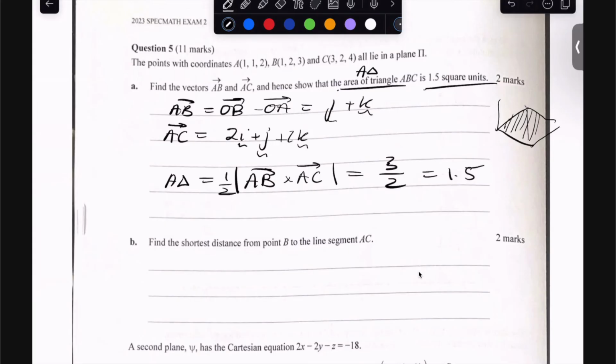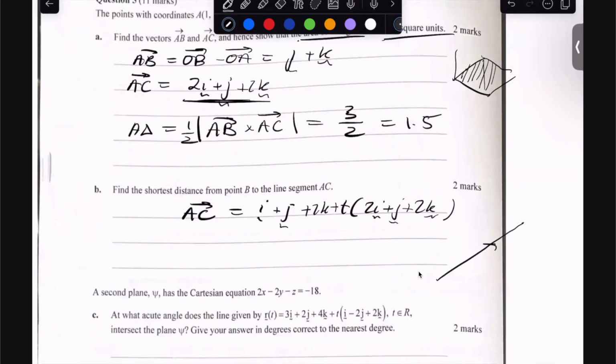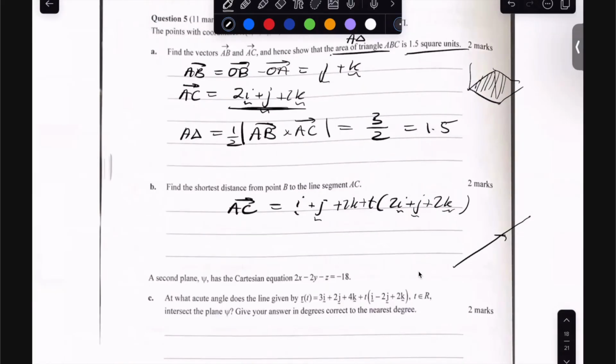Nice. Find the shortest distance from the point B to the line segment AC. So AC, we found that that's the direction vector, so you can say t times 2i plus j plus 2k, and it contains the point A or C, so you can say i plus j plus 2k. So that's your line segment AC. Now if you have the point B, so that just looks something like that, and point B is just sitting right here.